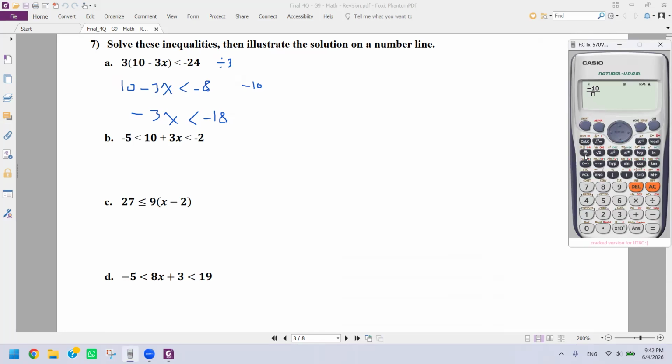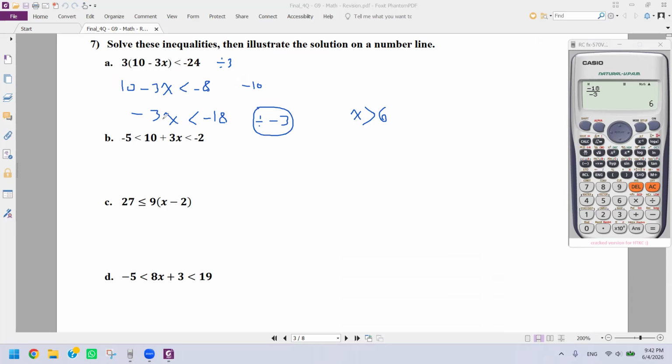Minus 18 divided by minus 3 is 6. But look here, guys, I divided by minus 3. Remember, in your notebook, there's a note that says for inequality, if I multiply or divide by a negative value, the inequality will be flipped. So x is greater than, not less than, 6.